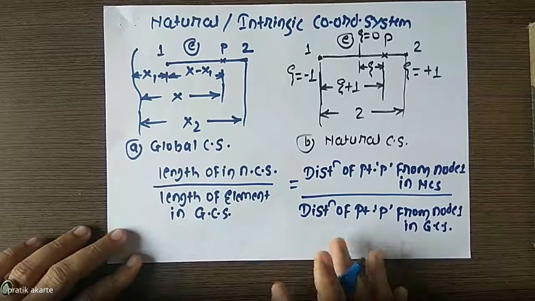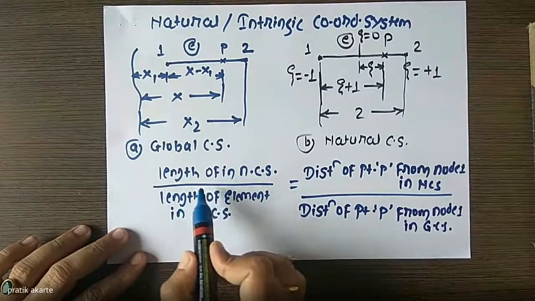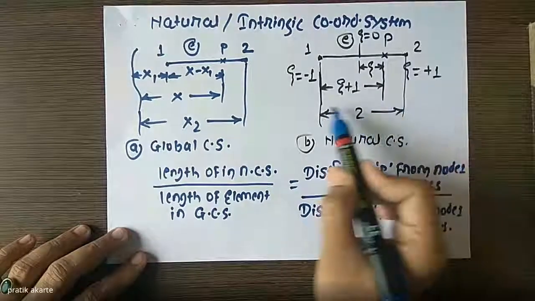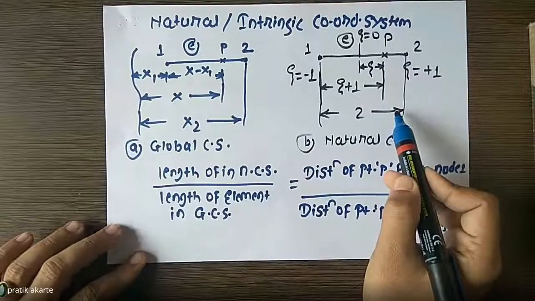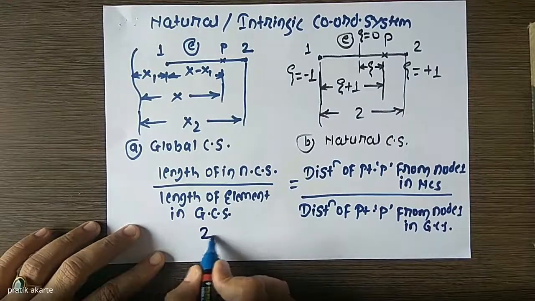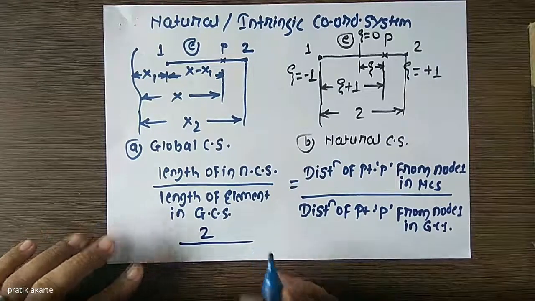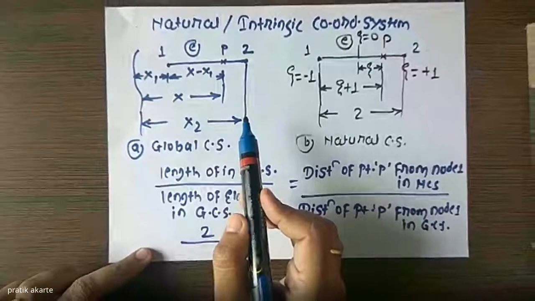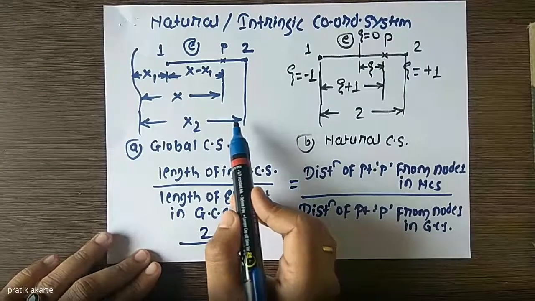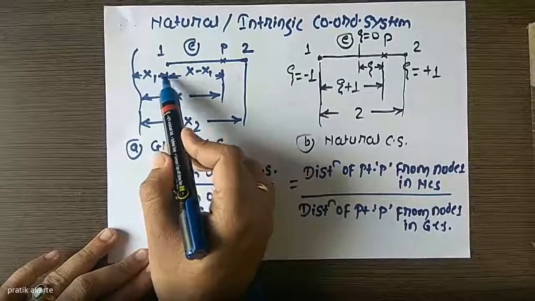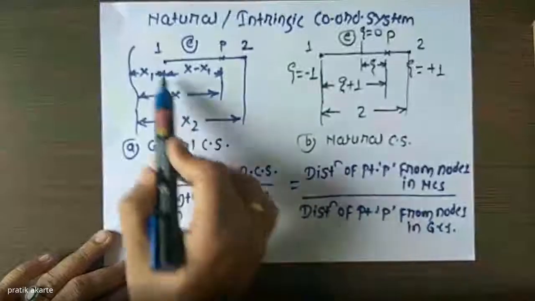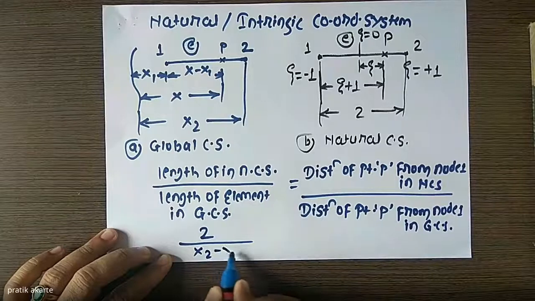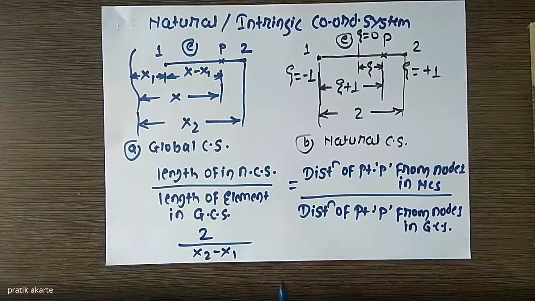Now let us say length of the element in natural coordinate system. What is the length of the entire element in natural coordinate system? It is 2 units upon the length of the same element in global coordinate system. The length of this element is x2 minus x1, so this distance minus this distance. This is one ratio.